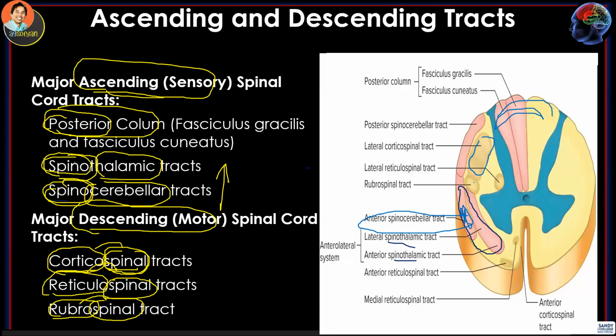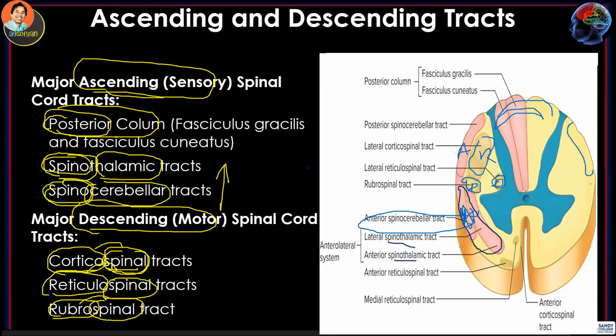This is reticulospinal, very close to the gray matter, and this is the rubrospinal. This is also a descending tract. So these are descending tracts. This is a descending tract, this an ascending tract. Okay, just for information, both sides will be the same.